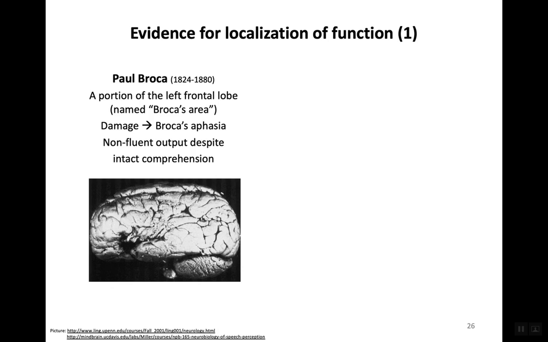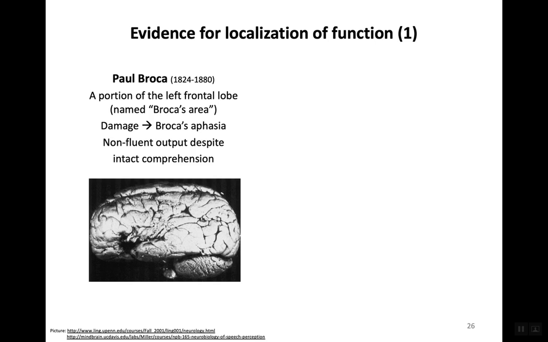Now, interestingly enough, the patient exhibited no problems with comprehension. The only thing that seemed to be impaired was the ability to produce speech consistently and well enough to be understood. So the patient was non-fluent despite exhibiting intact comprehension, and all other mental attributes or faculties seemed to be unimpaired.